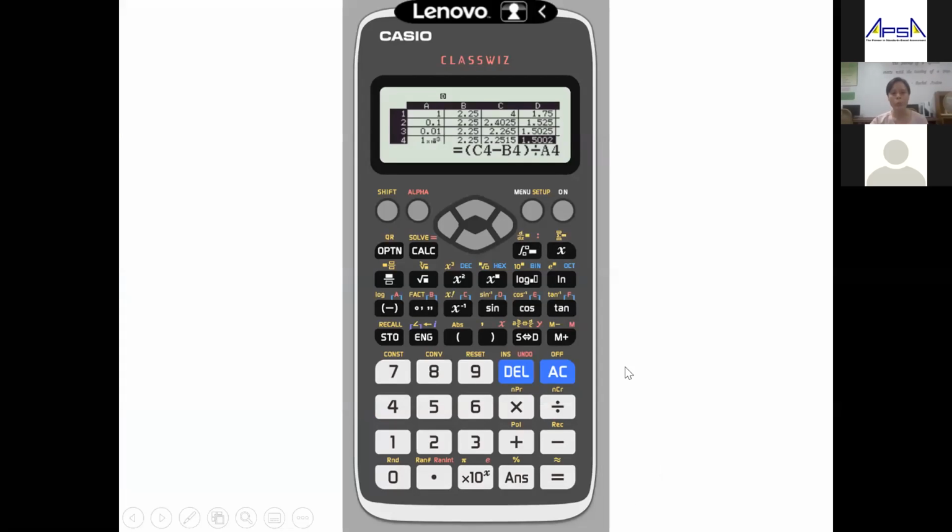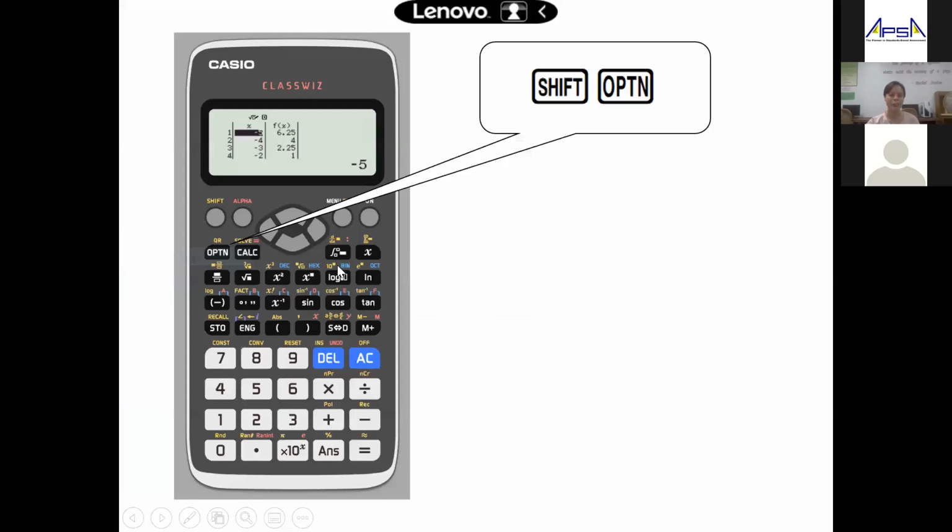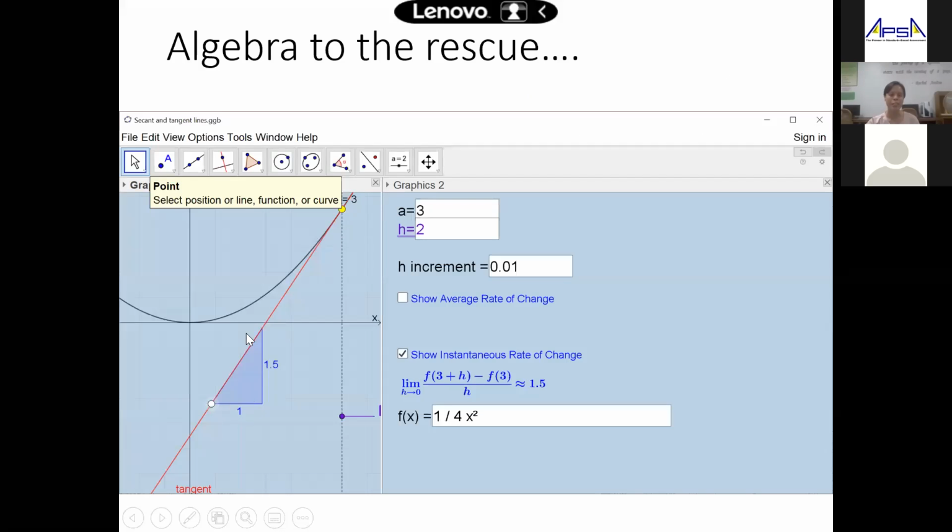So let me show you how to find the slope of the tangent line using the calculator. What exactly is the slope? We already have a final answer here, this red one. The slope of the tangent line is given by the slope of this line, which is rise over run. The slope is 1.5. So how do we do that?